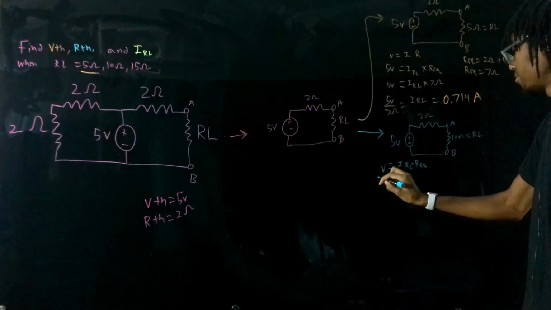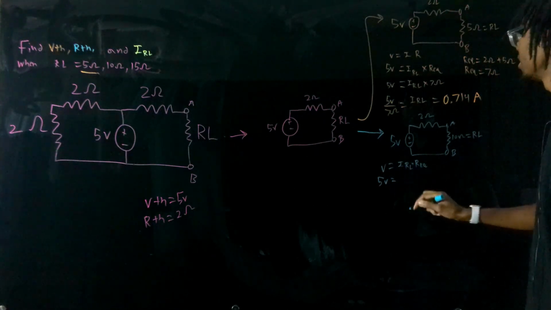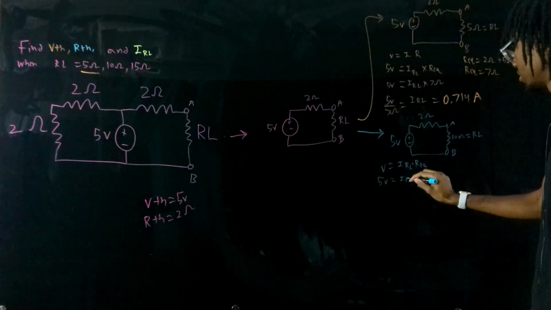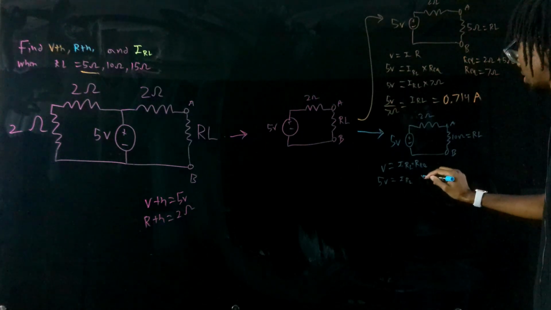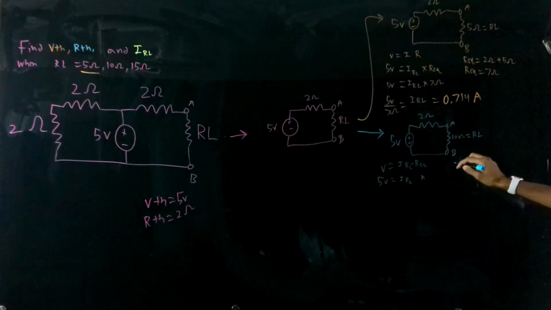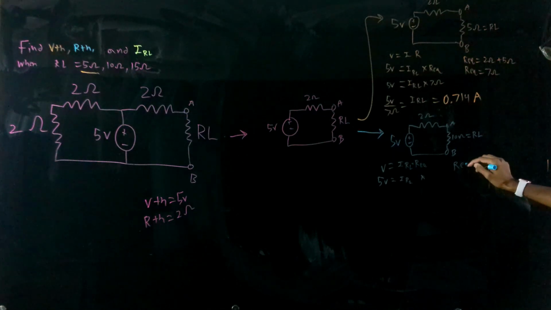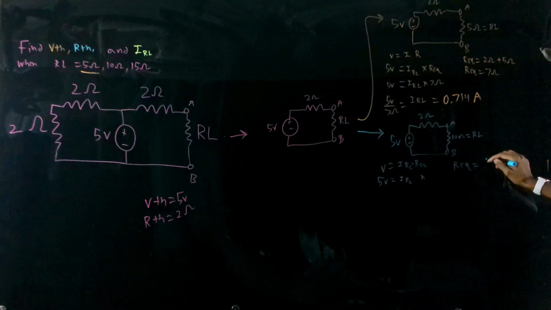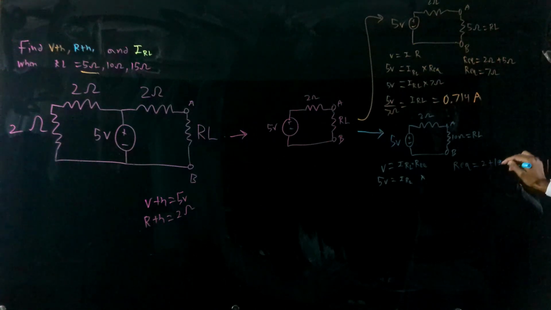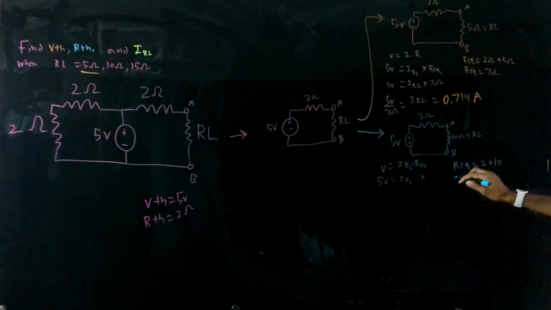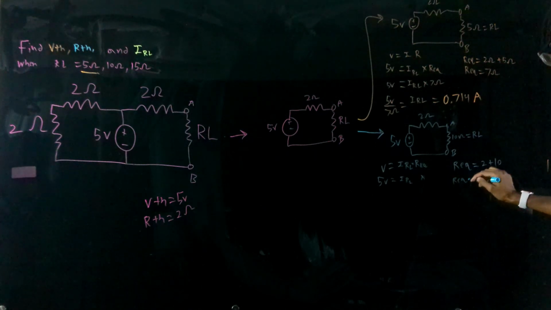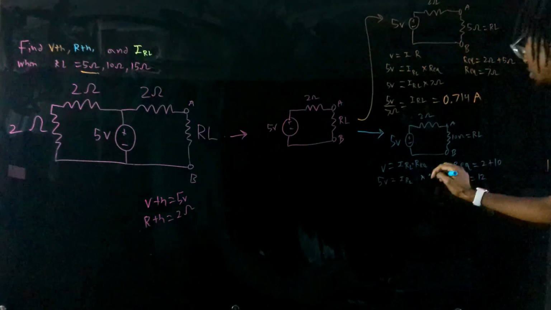So we'll have 5 volts equals IRL, which is unknown, times our REQ, which is 2 ohms in series with 10 ohms from RL. So REQ equals 12.